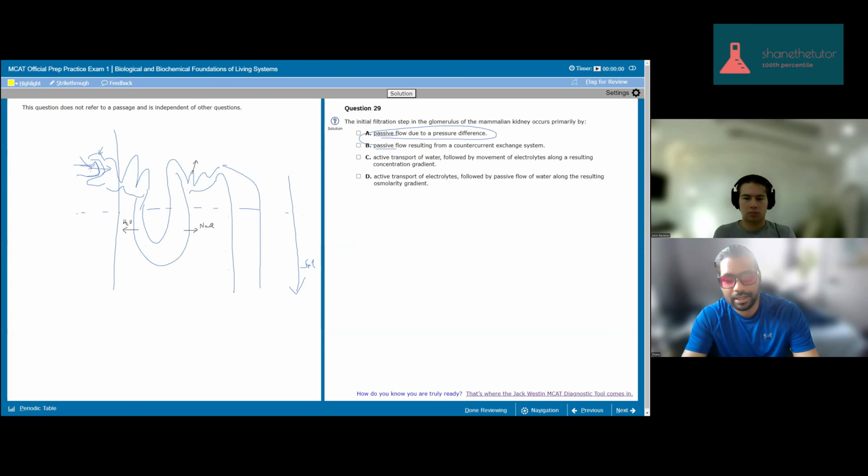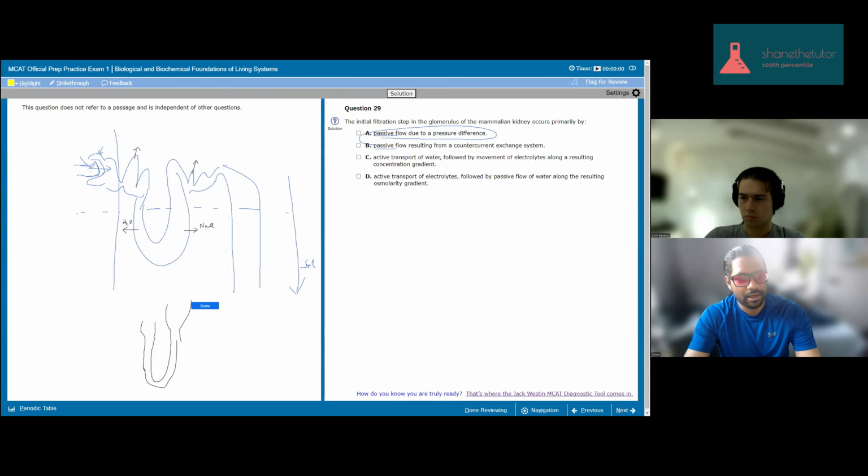You'll have some of it in the proximal tubule, none in the descending loop. If I drew this properly, there would be the thin part and the thick part of the loop of Henle.